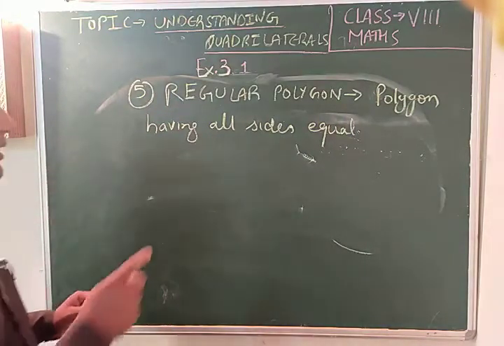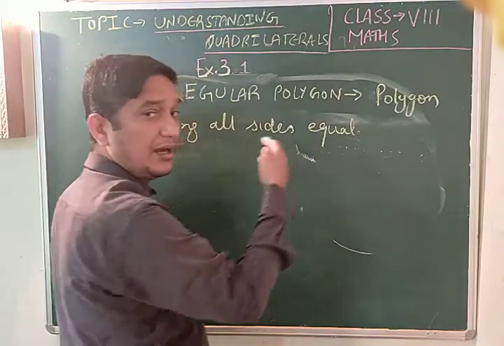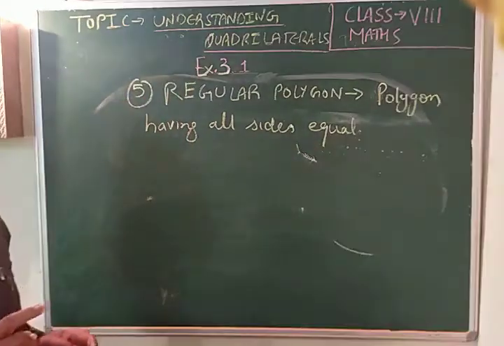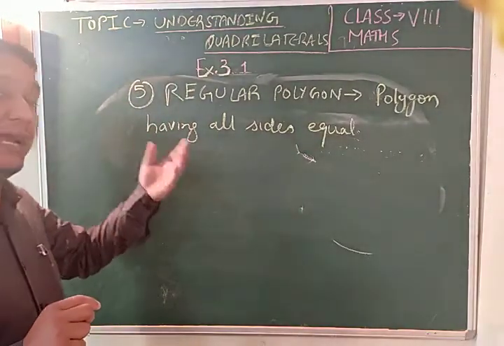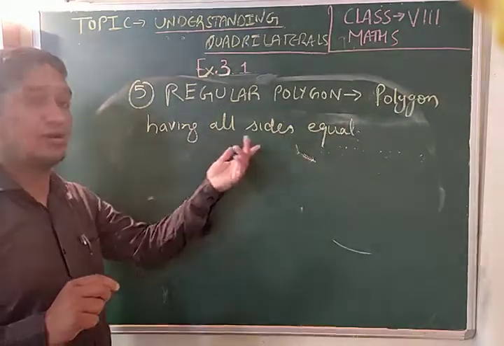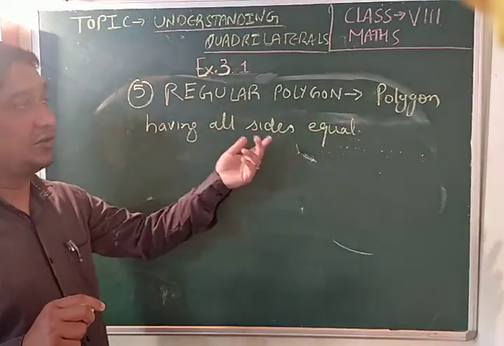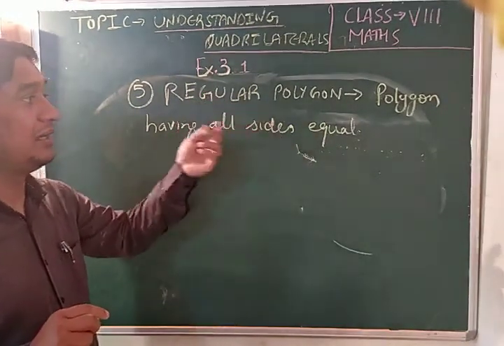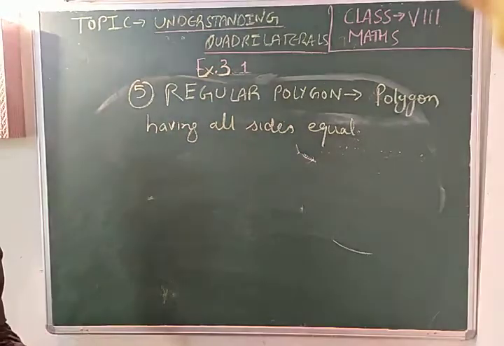And children, remember, if all sides are equal, all angles will automatically be equal. And if all angles are equal, all sides are automatically equal. So you can say that a regular polygon is what? Having all sides and all angles equal.